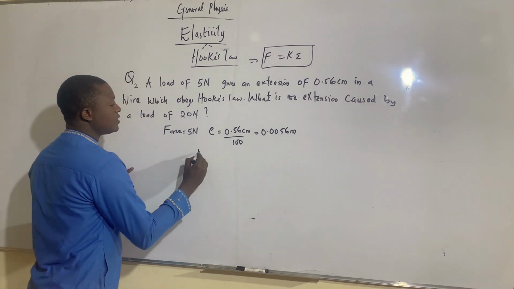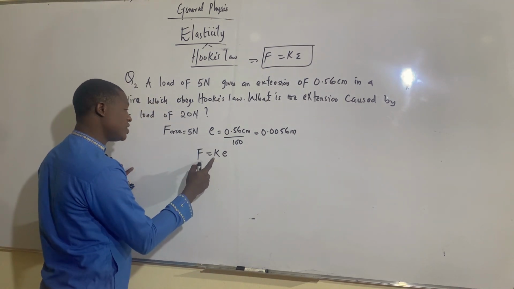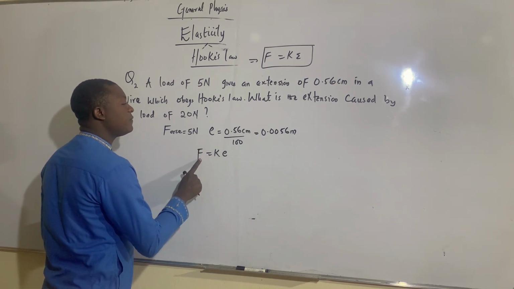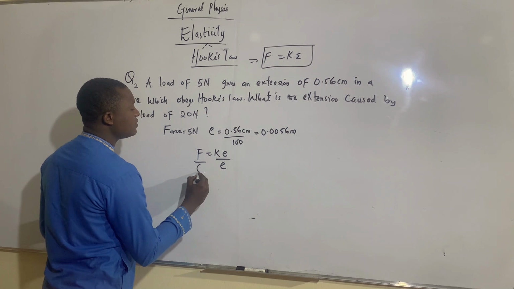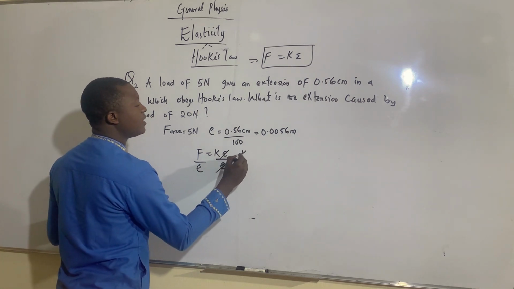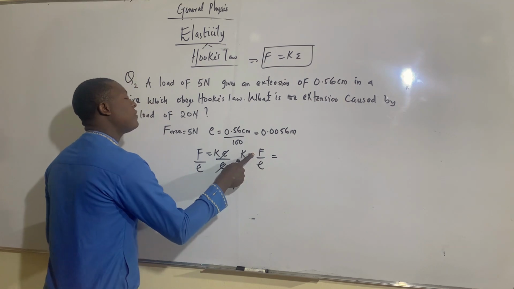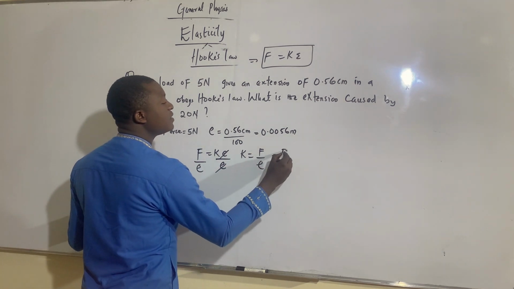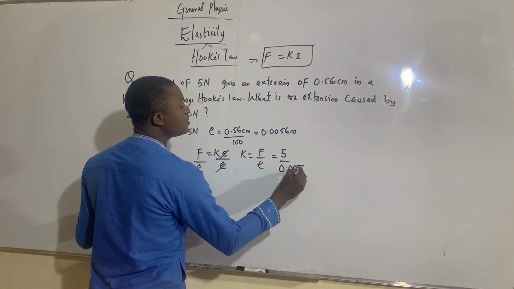So now, from this data first, I can find my K. Since I know that F is equal to KE, I want to make K the subject. Since you have given the value of force, at the same time we have extension, divide both sides by E. If this cancels this out, we have K is equal to F over E. So our force here is 5, and our extension is 0.0056.